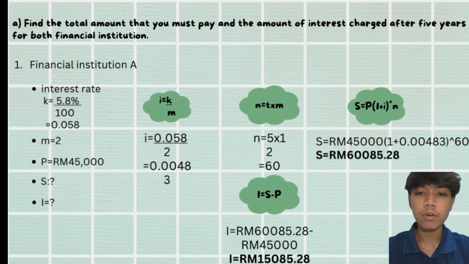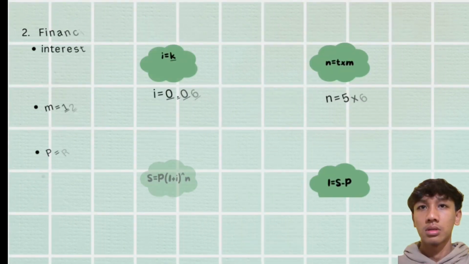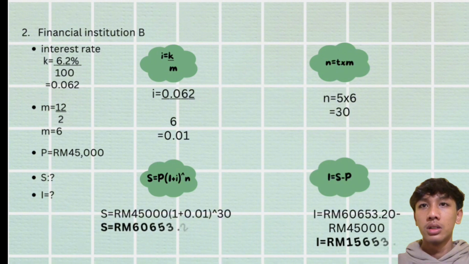We get 60 for N. So S equal 45,000 ringgit, bracket 1 plus 0.00483, bracket power of 60. And then the answer for S is 60,085 ringgit 28 cents.